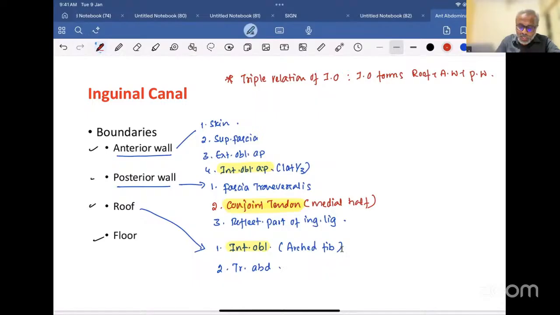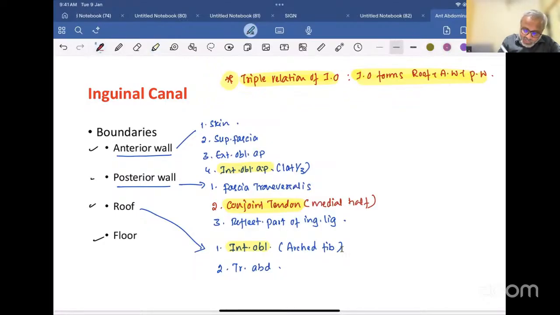Highlight it so that this catches the attention of the examiner. So even if you have made minor mistakes in the rest of the boundaries, that is overlooked. So this triple relation you need to mention.